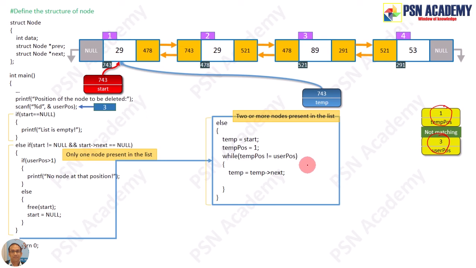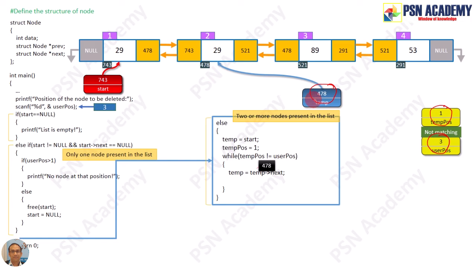Now, what is temp next? Temp next is 478. So this 478 will be loaded inside temp. Temp will be loaded with 478, and as soon as 478 is there, this link vanishes and this link will be established.